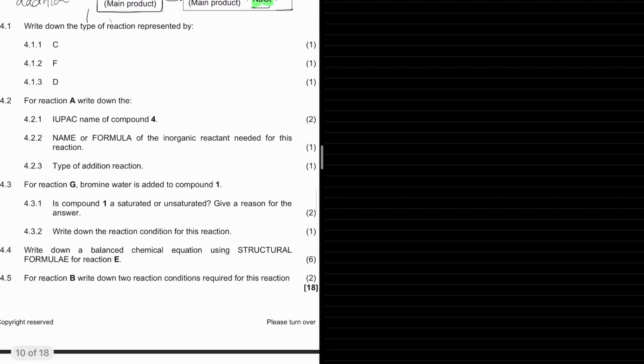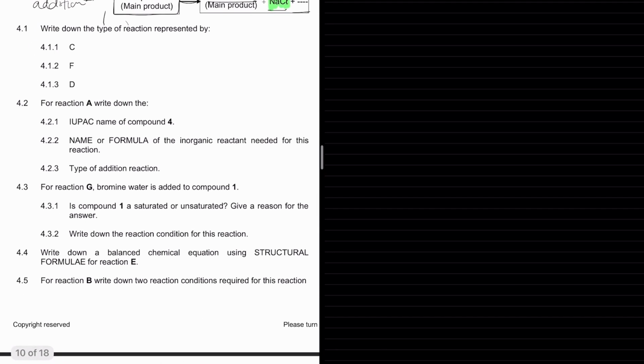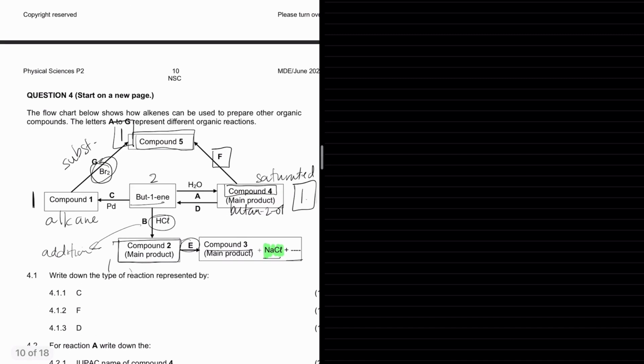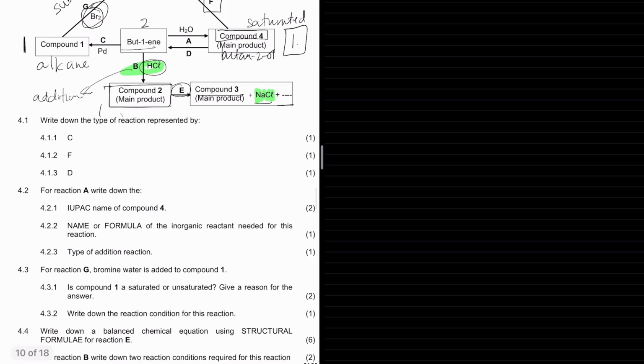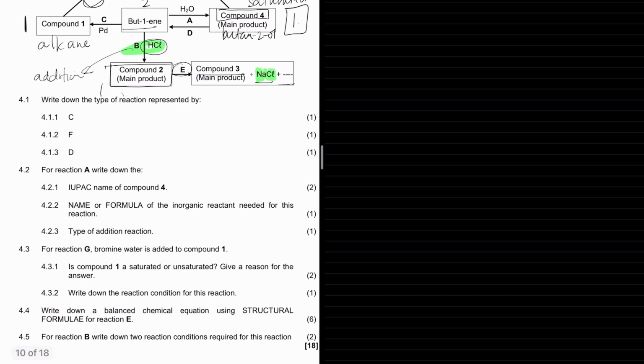Let's move on now to the last question, question 4.5. For reaction B, write down 2 reaction conditions required for this reaction. Okay, let's look at it. Where's reaction B? Okay, so reaction B is this one here, the one that we spoke about, where you are doing an addition reaction. So when you are adding HCl, what are 2 things that we need to ensure that we have? Now here, there's no other way. It's easier if you just remember it.